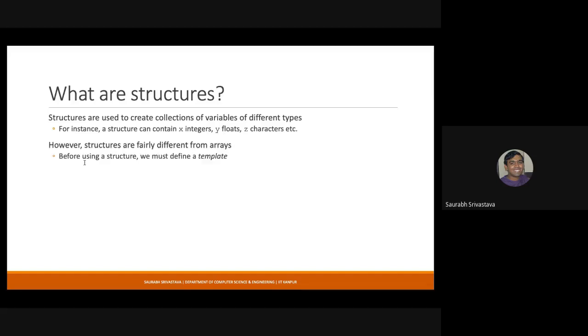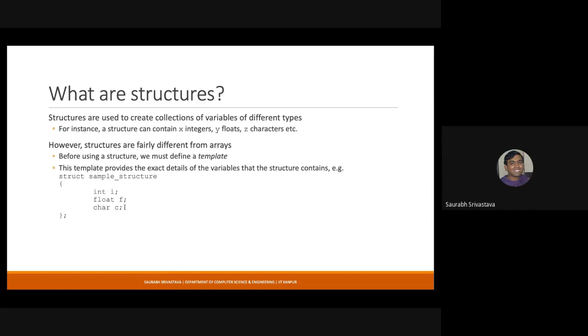The idea is that you first have to declare a template. In that template, you say that in this particular structure, these are the types of variables that are going to be there. I call these variables member variables. So in this example, i, f, and c are of types integer, float, and char respectively.